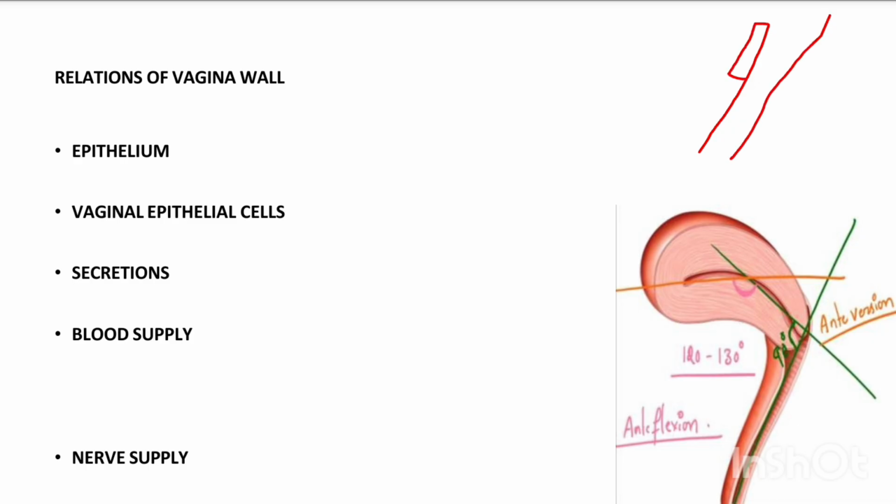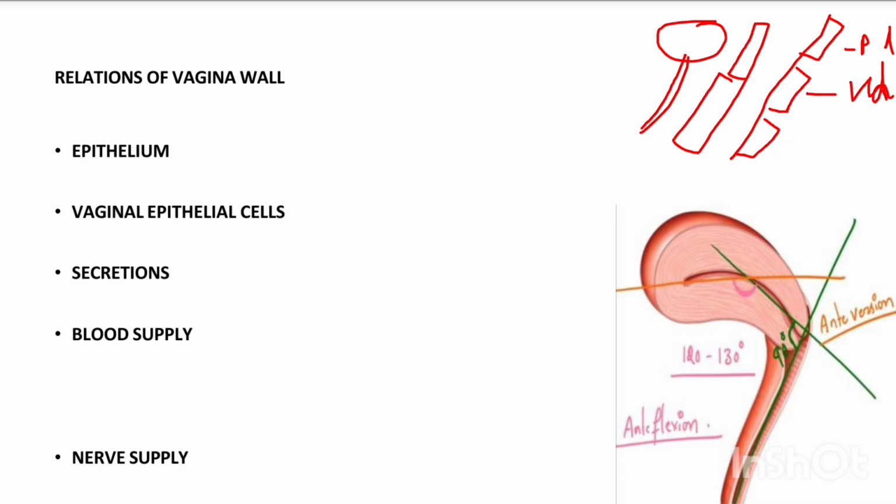Upper one third, lower two third: this is urinary bladder, and this is urethra. In posterior, upper one third, middle one third, lower one third. Upper one third, pouch of Douglas. Middle one third, ampulla of rectum. And lower one third, perineal body. These structures are present.